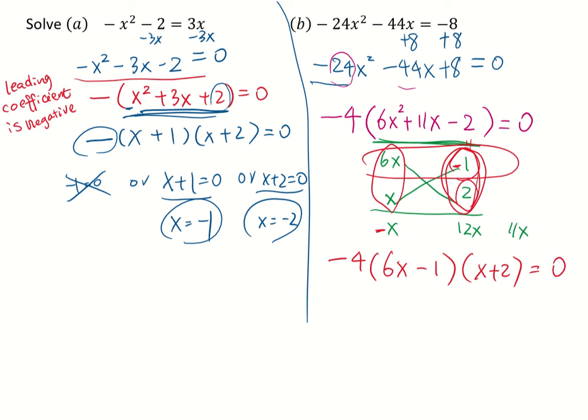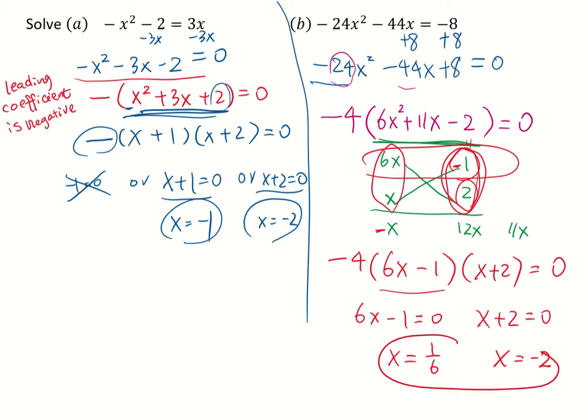So here we can write either 6x minus 1 is equal to 0 or x plus 2 is equal to 0. Solving for each equation, you will have one solution as 1 over 6 and the other as negative 2. So we have two solutions here.